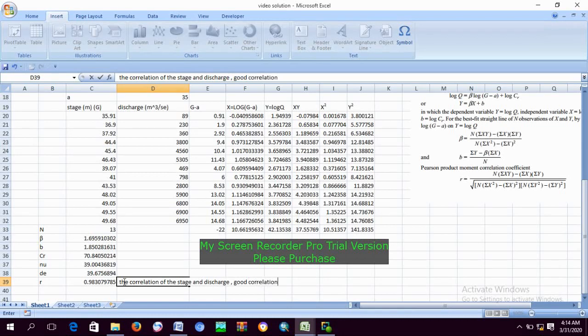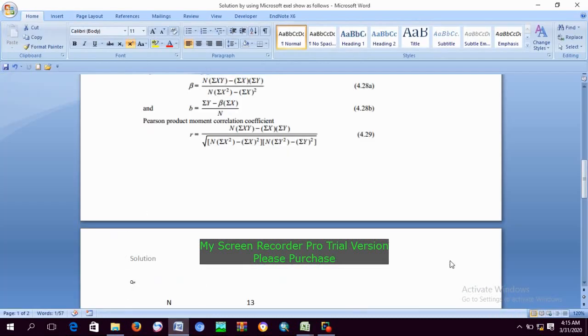The correlation value r is equal to 0.983.